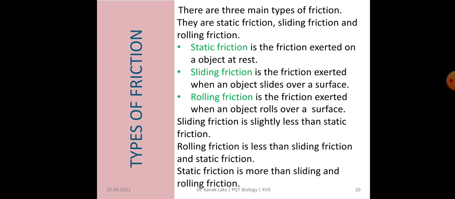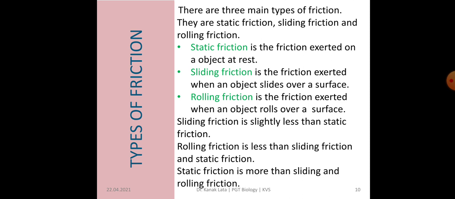Sliding friction is the friction exerted when an object slides over the surface, whereas rolling friction is the friction exerted when an object rolls over a surface. When any object starts sliding, the points on its surface do not get enough time to interlock into the contact points on the floor.